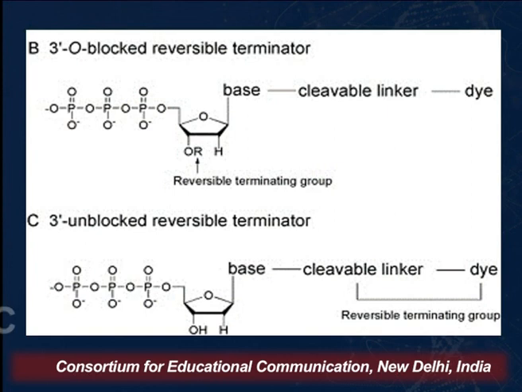And the linker molecule which is carrying this fluorophore or the dye attached to this base is again cleavable. So when the reversible reaction has to take place, then this R will be replaced by H, so it will become a normal extensible nucleotide, and this fluorophore will then be removed.